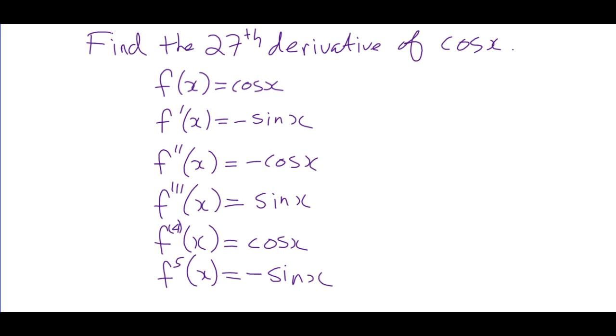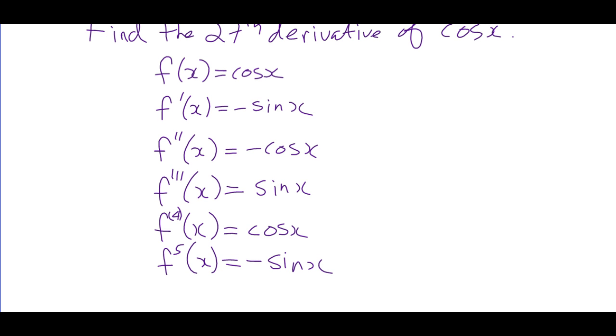Okay, so f prime of x is negative sine x, and so is f5. So 1, 2, 3, 4. Then 5, and then 9, 13, 17, 21, 25, and then 29. Okay, 25. That means this is 26, and this one will be 27.